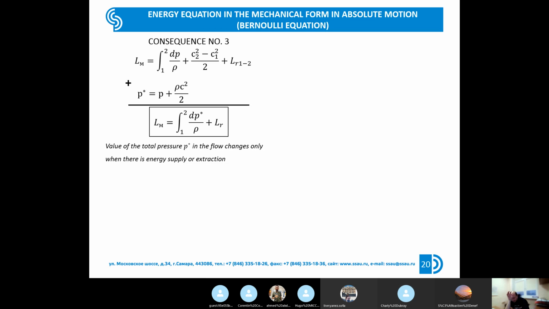Total temperature will change if you are supplying heat and mechanical energy. Total pressure will be changed only if you are supplying mechanical work. So total temperature depends on the heat, total pressure does not depend on the heat. It's the first difference.